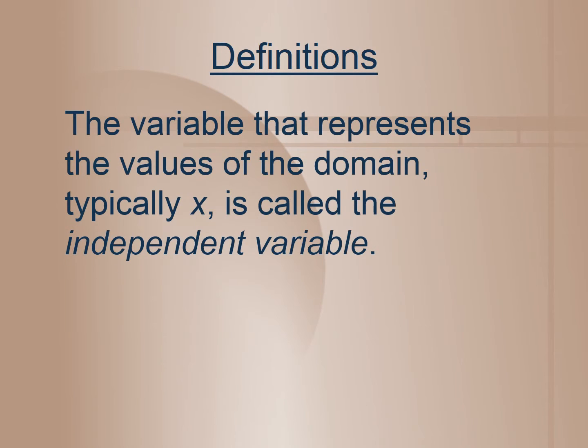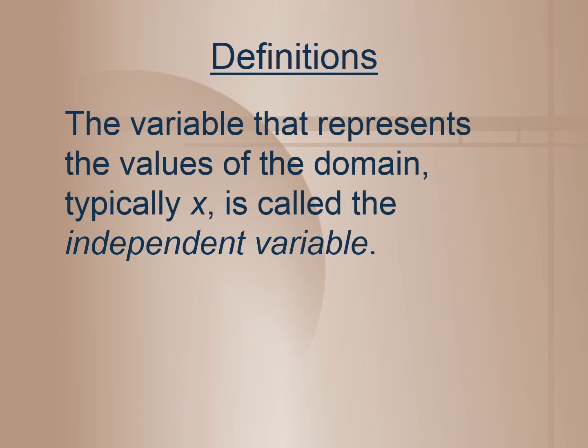The variable that represents the value of the domain is the independent variable. It's independent because that's what we start with. We're starting with x, and then our range depends on what x is. Just like when we were looking at parent and offspring, in order to determine the offspring, we had to know the parent. We had to know the first part before we can determine the second part.